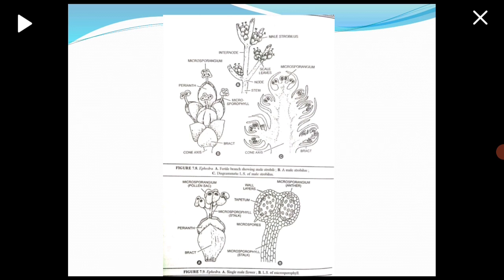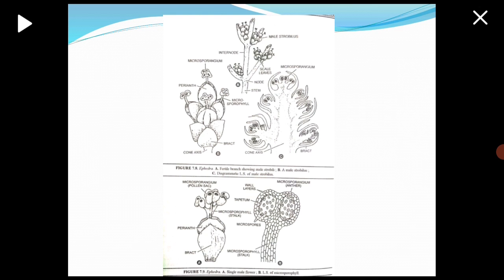Reproduction. The Ephedra plants are heterosporous, that is, they produce two kinds of spores, the microspores and the megaspores. The microspores are produced in microsporangia, borne in male strobili, and the megaspores are produced in megasporangia, borne on female strobili.